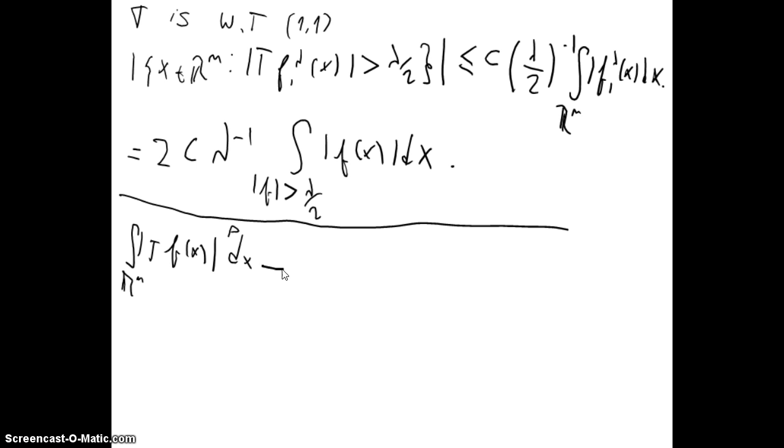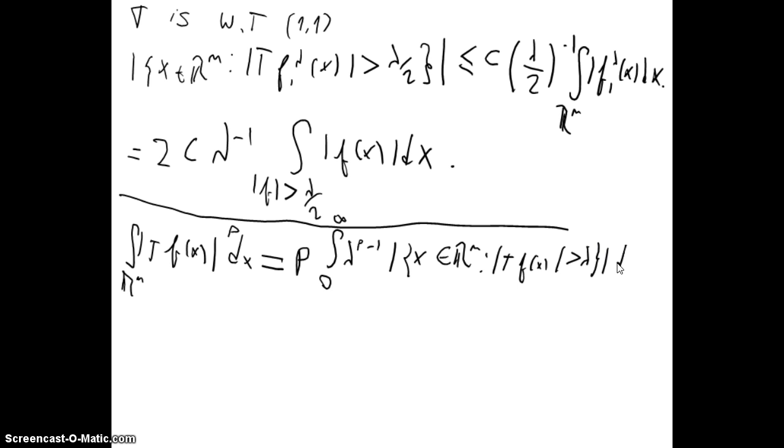Because of the second property of the last video, this is equal to p times the integral from 0 to infinity of lambda to the p minus 1 times the measure of the set of x in Rn such that T f of x is greater than lambda, d lambda.